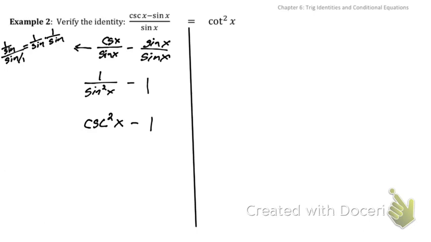We have 1 plus cotangent squared equals cosecant squared. In order for it to work, you have to subtract the 1 from both sides, which would give you that cotangent squared equals cosecant squared minus 1. So we are, in fact, done. We have cotangent squared x equals cotangent squared x.